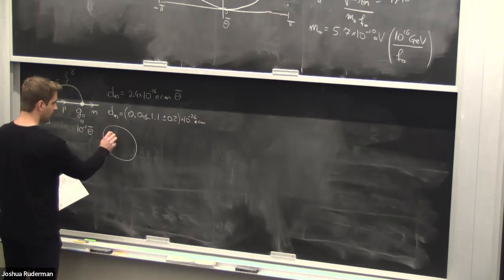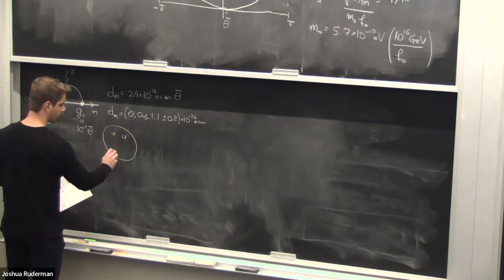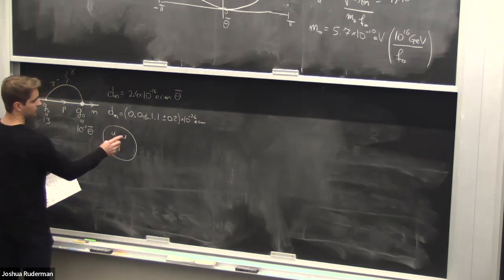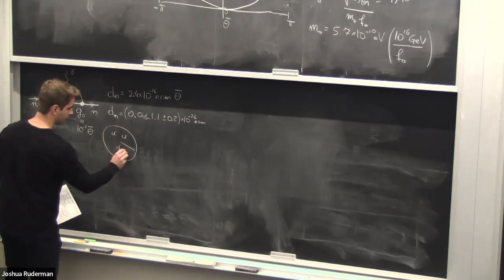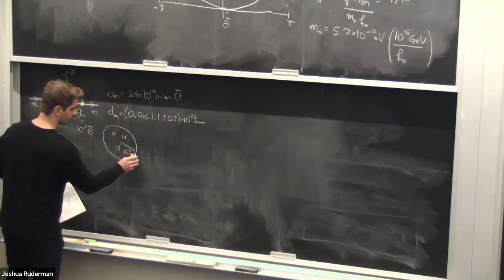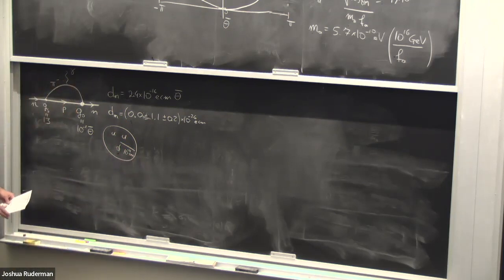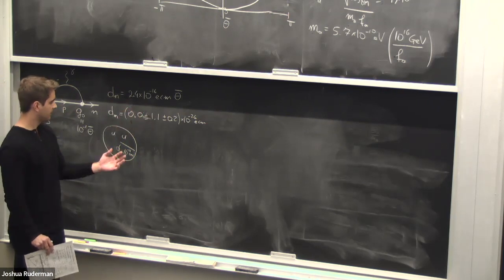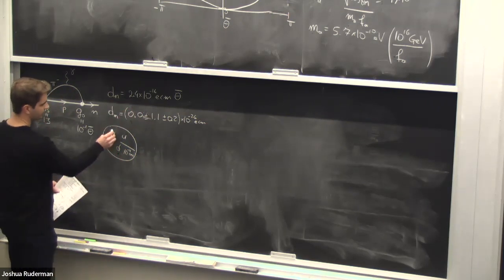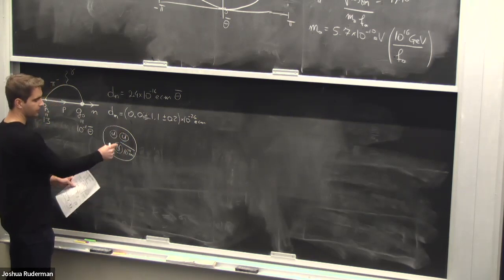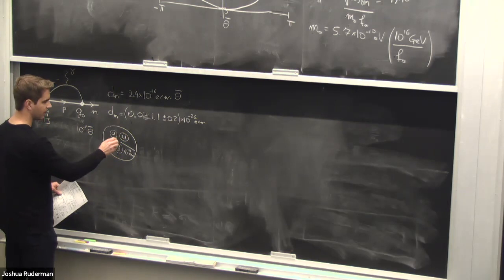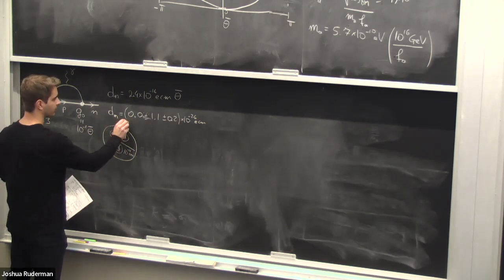Yeah. So just to give you some estimates, a neutron is 2 up quarks and a down quark, right? So these ones are plus a third, and this one is minus 2/3 charge. The radius of a neutron is 10 to the minus 14 centimeters or so. So if a neutron was literally something like this, where the positive charges were up and the negative charge was down, you would get an electric dipole moment.